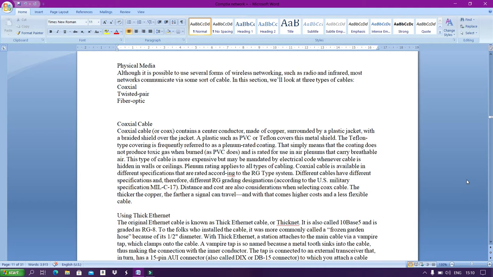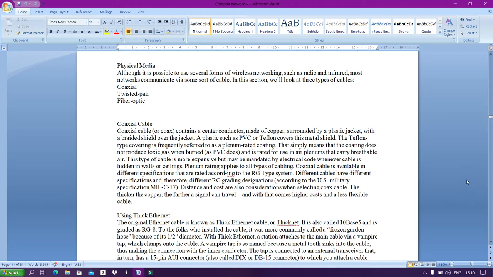Coaxial cable, or coax, contains a center conductor made of copper surrounded by a plastic jacket with a braided shield over the jacket. A plastic such as PVC or Teflon covers this metal shield. Teflon type covering is frequently referred to as a plenum rated coating.